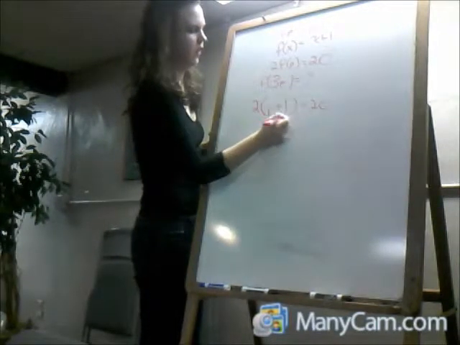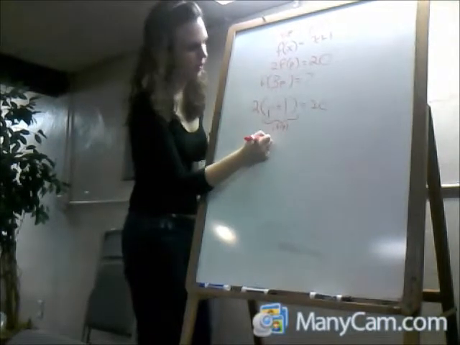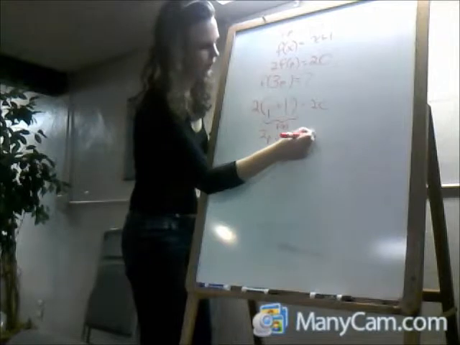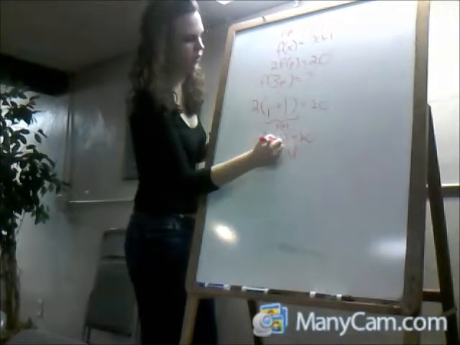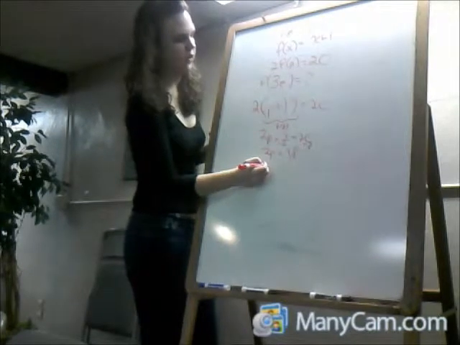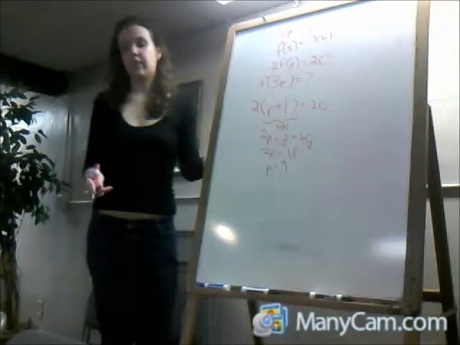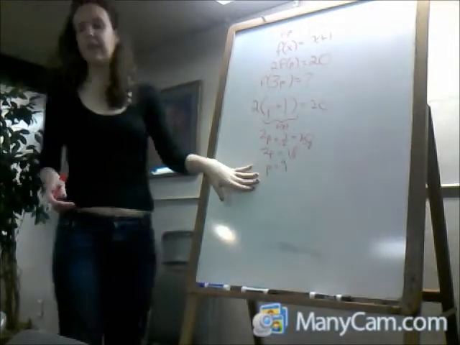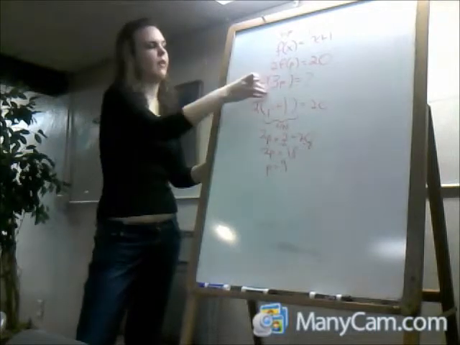So this is our f of p. Then 2p plus 2 equals 20. Then 2p equals 18, because we just subtract 2 from both sides. So then p equals 9. Be careful, because they're not looking for what p is, and it's very tempting to just write 9 and be done with the question, but they're asking for f of 3p.